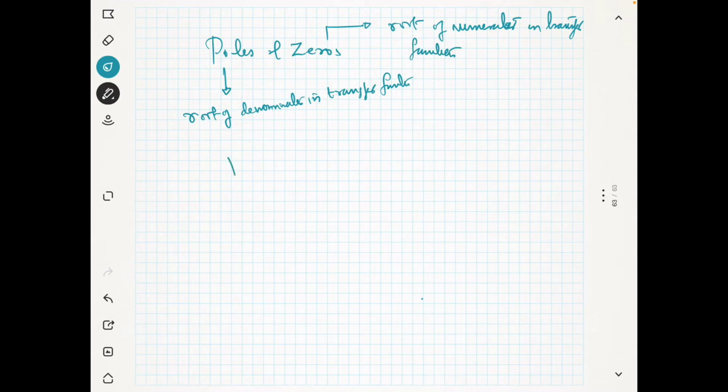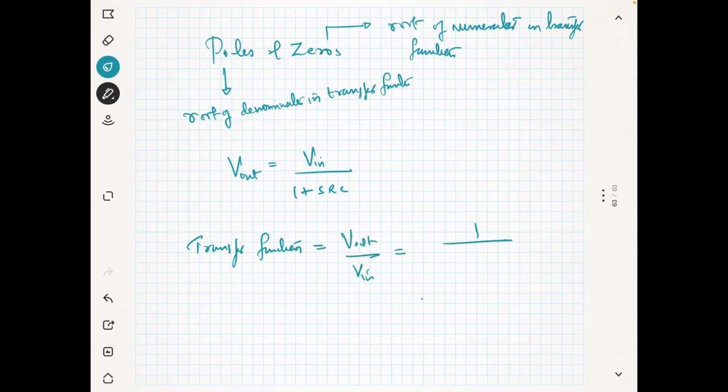So here, V out is equal to V in divided by 1 plus S into R into C, or the transfer function is nothing but V out divided by V in, which is equal to 1 by 1 plus S into RC.